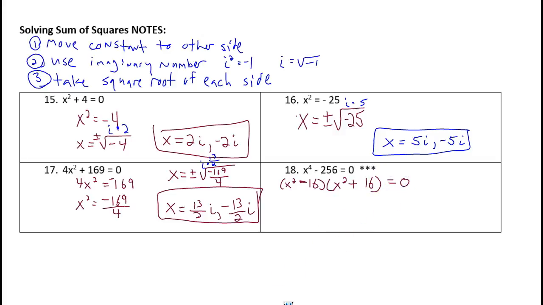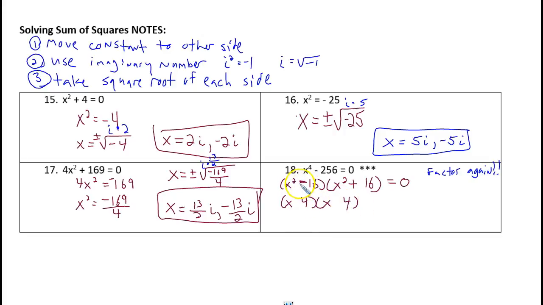Now, we can, in this case, factor again, can't we? What can we factor again? Well, if you're looking closely, you'll notice that we have the perfect square x squared minus the perfect square 16. So we're going to factor this one again to get x, which is the square root of x squared, x times x, and 4, which is the square root of 16.